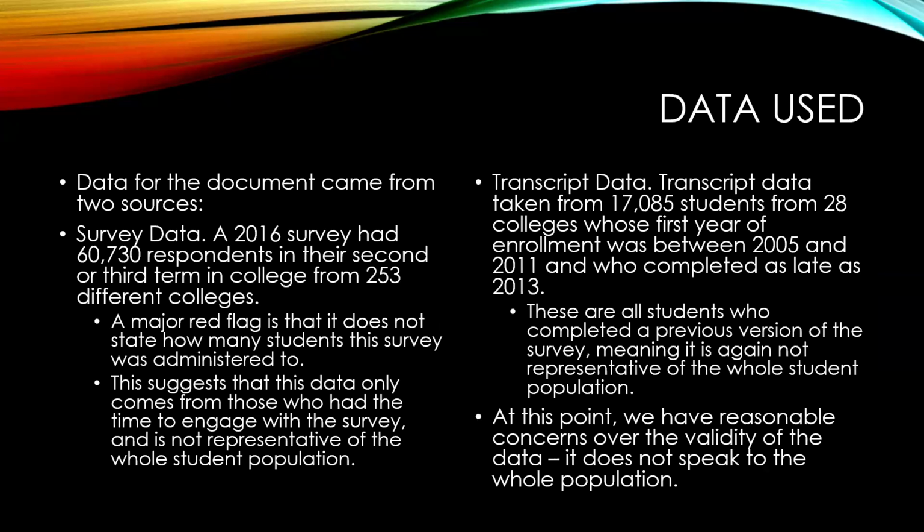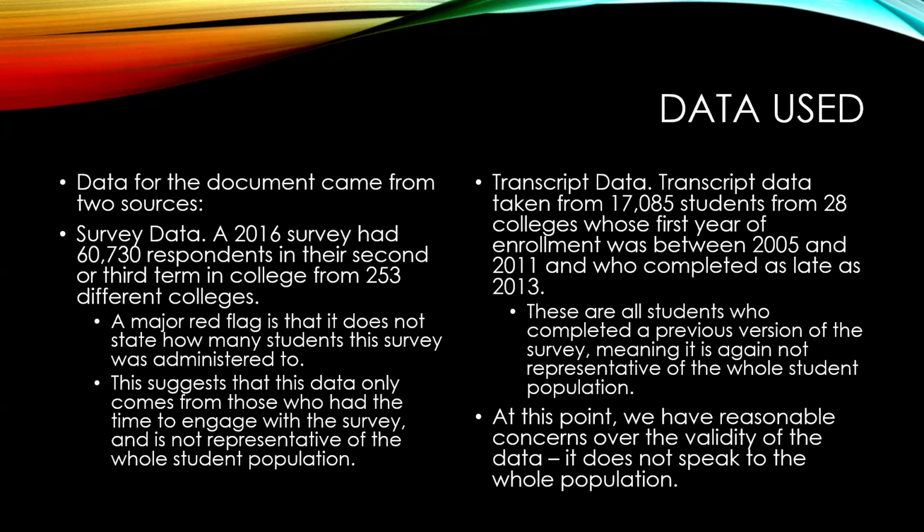The data for this document, which the district is basing everything on, came from 2 sources. The first is survey data. A 2016 survey had 60,730 respondents in their second or third term in college from 253 different colleges. There was a major red flag here.